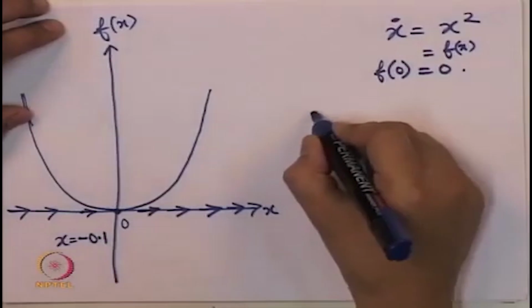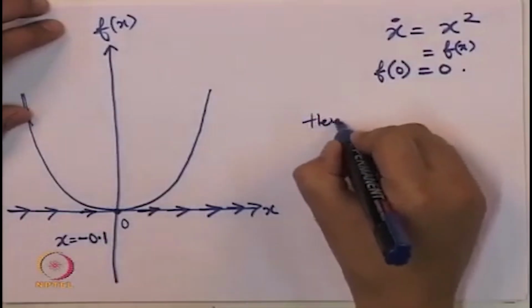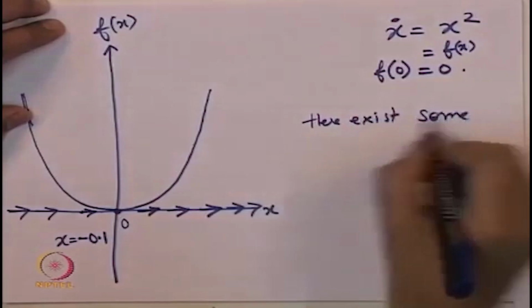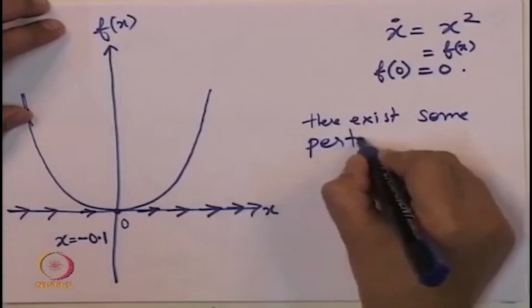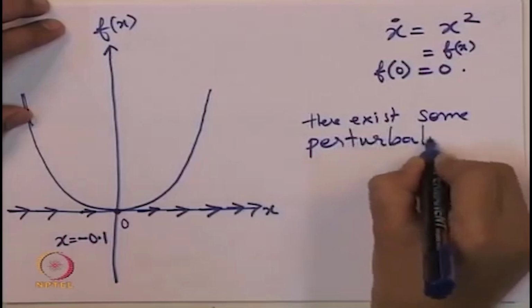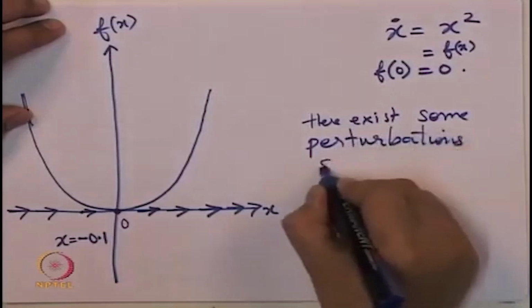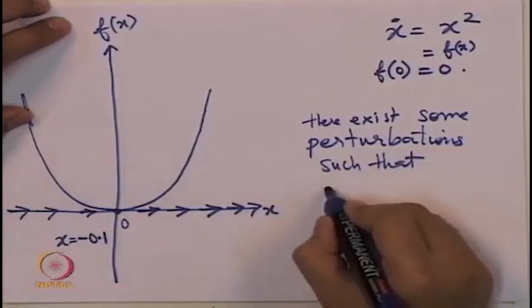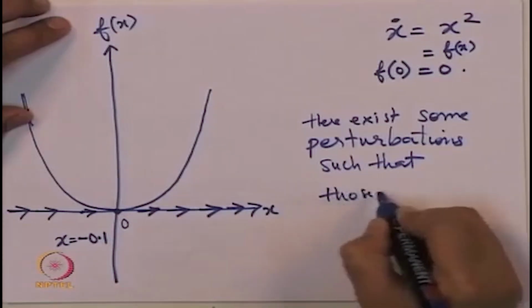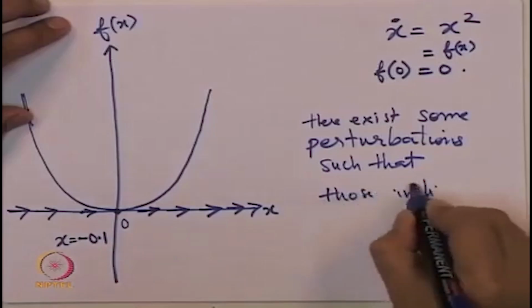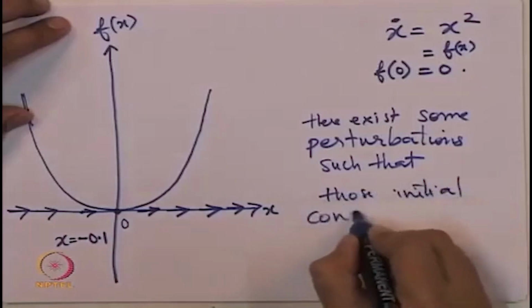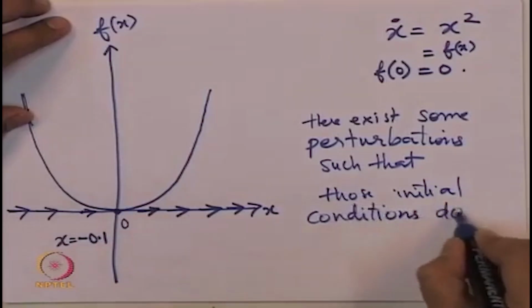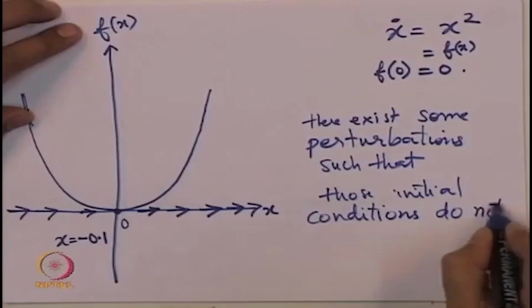So, we can say that there exist some perturbations such that those initial conditions do not come back to the equilibrium point.